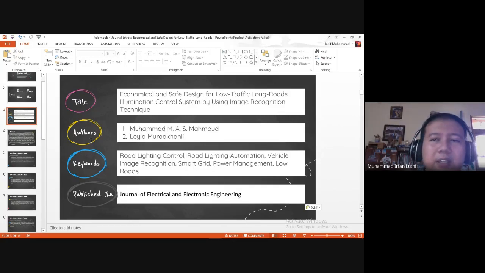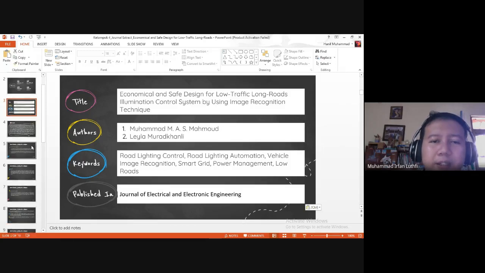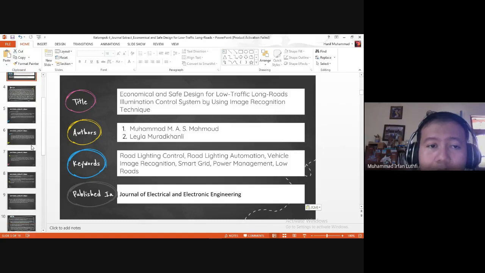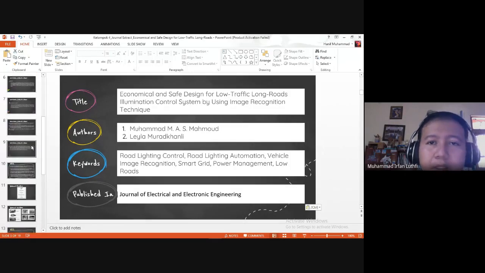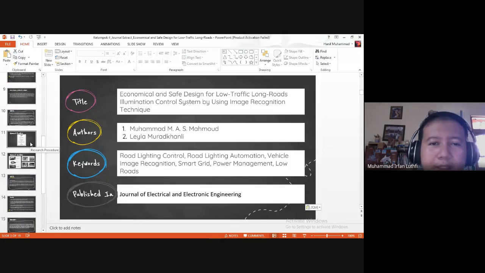From this article, I can say we cannot find any analytical part here because they just mention the system design, and they try to implement the illumination control system. So they try to recognize the vehicles moving in the street, and when they can detect the vehicle, the plate number, they can control the light.